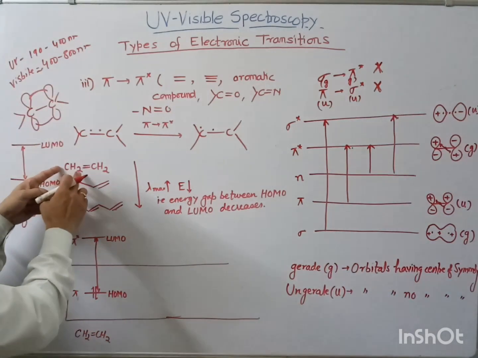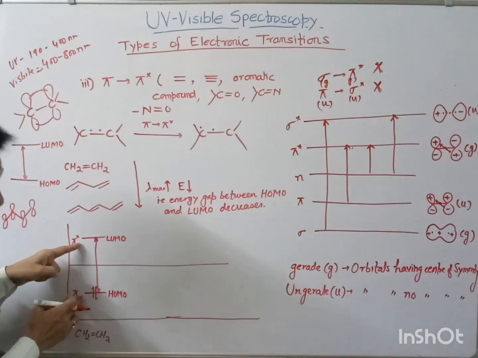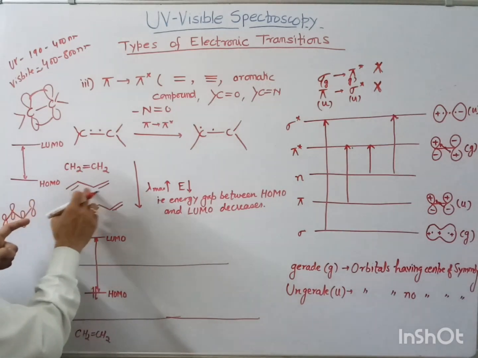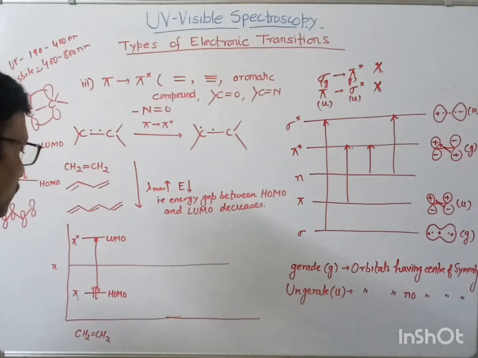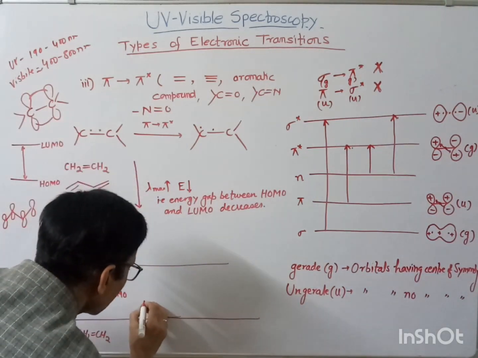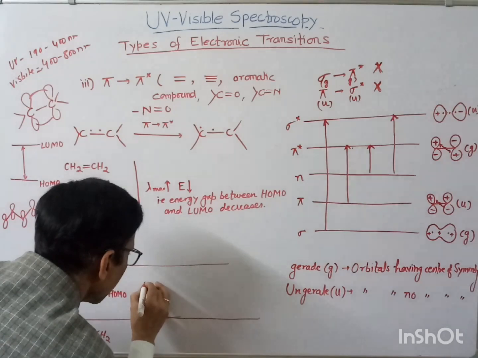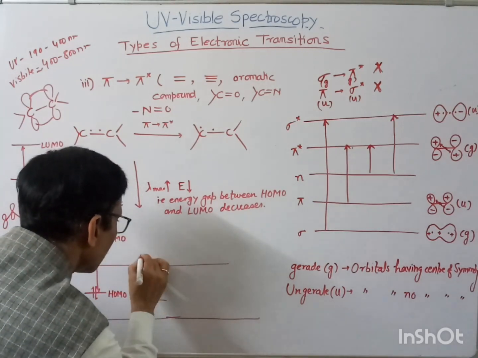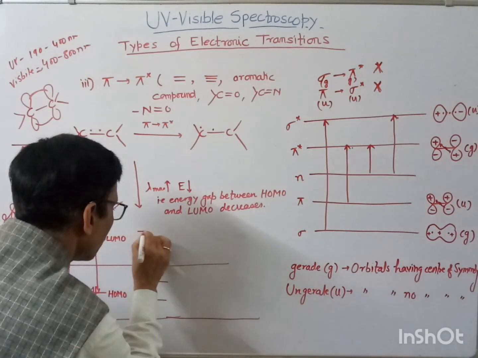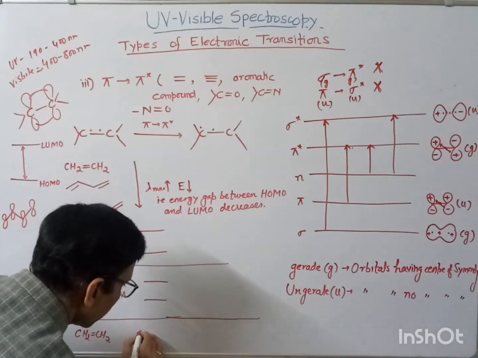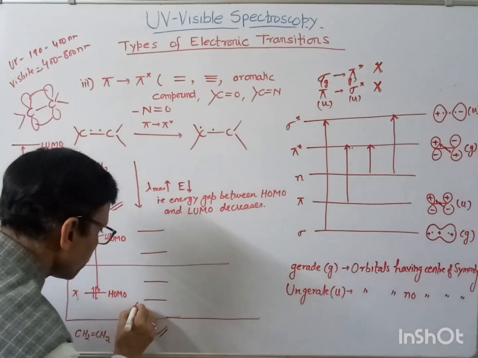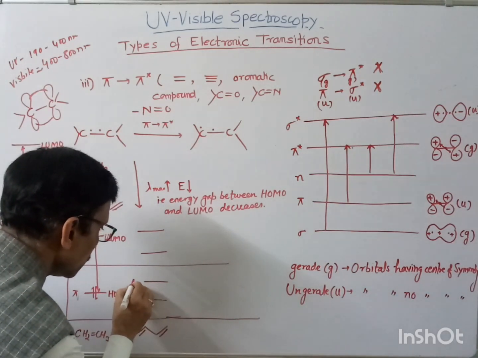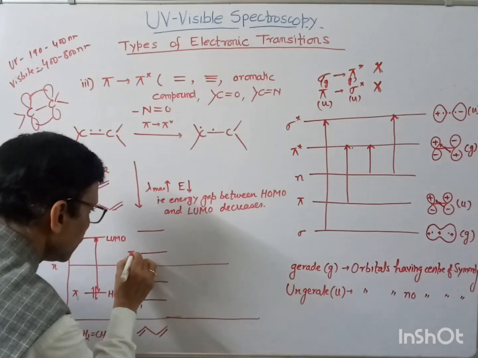In case of ethene, I have written 2 pi molecular orbitals, and in case of butadiene, we have 4 pi molecular orbitals. So I may represent the 4 pi molecular orbitals like this. This is our butadiene, and suppose this is pi 1, pi 2, pi 3, and this is pi 4.